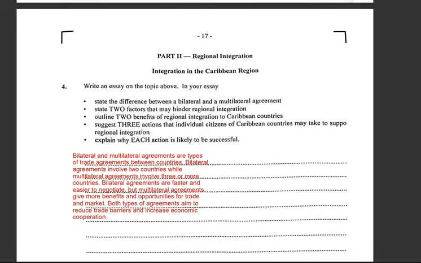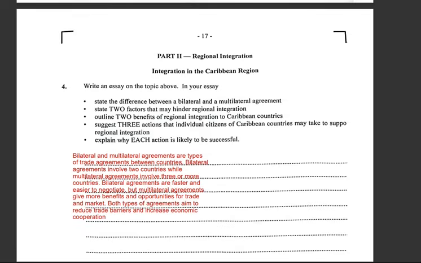State the difference between bilateral and multilateral agreements, state 2 factors that may hinder regional integration, outline 2 benefits of regional integration to Caribbean countries.